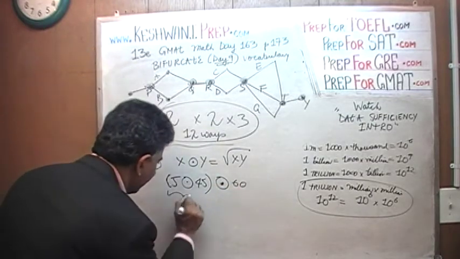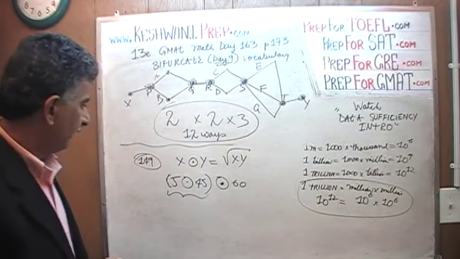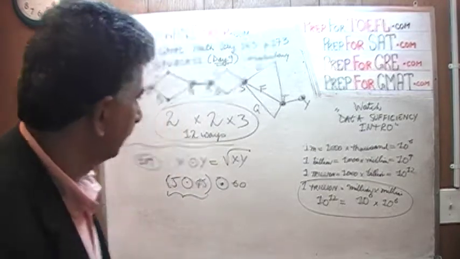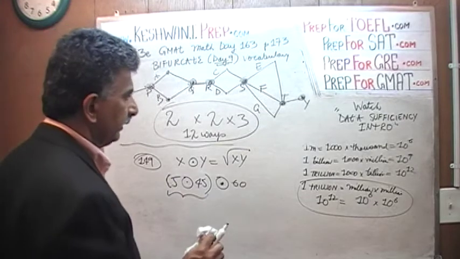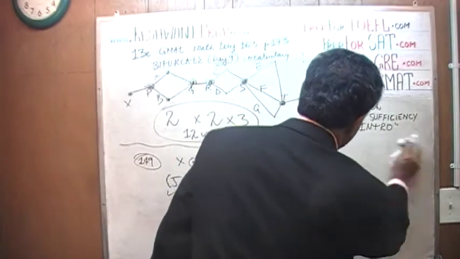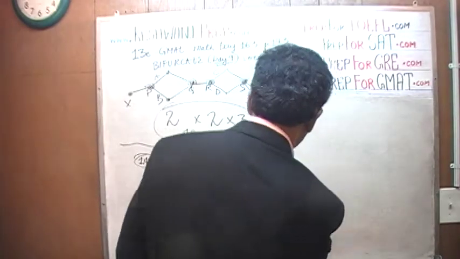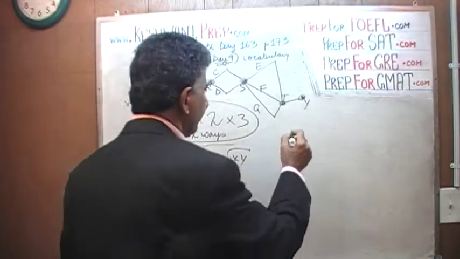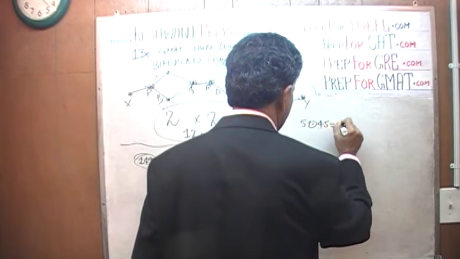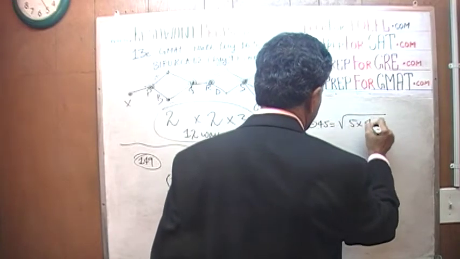Obviously we have to do the inner part first, the parentheses first, 5 circle 45. Let's do it up here, we need the room. 5 circle 45 would simply be the square root of 5 times 45.